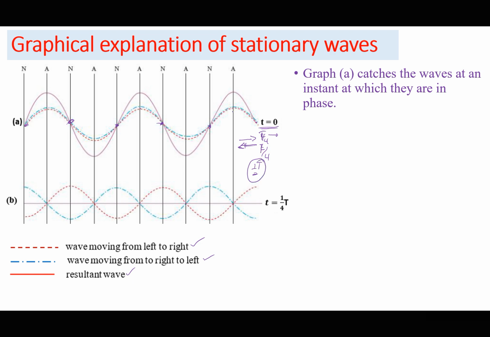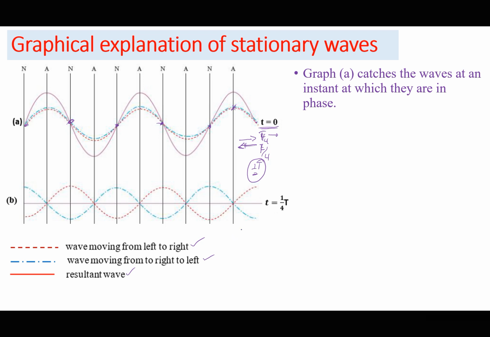If at t equals 0 we consider these two crests, which are perfectly aligned, after a quarter of a cycle the crest of red has moved to the right a quarter cycle, and the crest of the green one has moved to the left a quarter cycle. So the two corresponding points that we considered at t equals 0 have now moved half a cycle apart from each other.